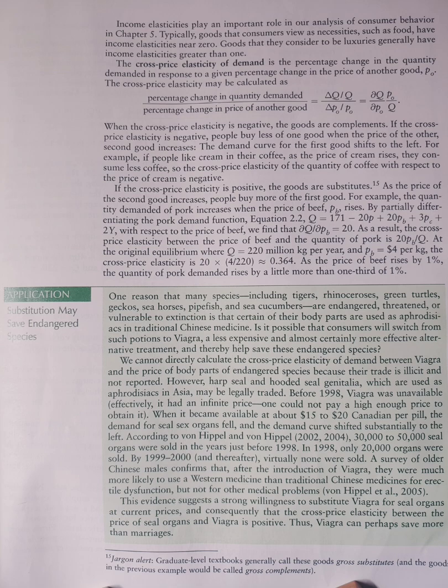That's von Hippel et al. 2005. This evidence suggests a strong willingness to substitute Viagra for seal organs at current prices, and consequently that the cross-price elasticity between the price of seal organs and Viagra is positive. Thus, Viagra can perhaps save more than marriages.